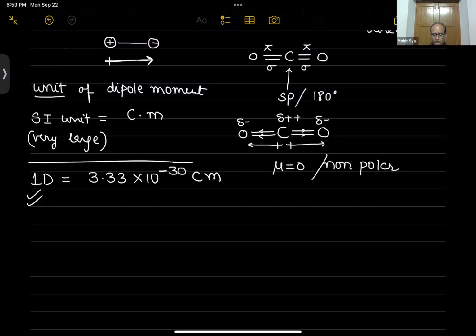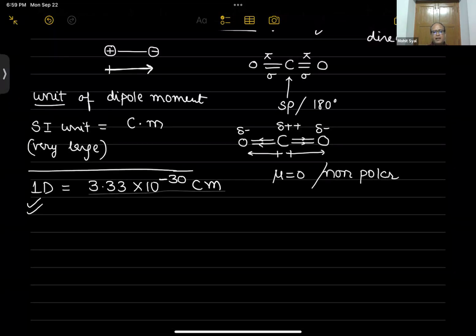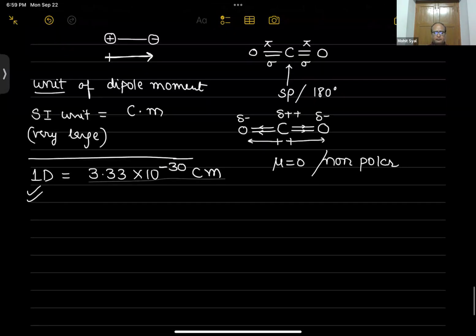Linear molecules will have zero dipole moment. The overall dipole moment is the vector sum of the dipole moments of the individual bonds. So we will try some questions on the dipole moment, and then we are going to move towards molecular orbital theory.